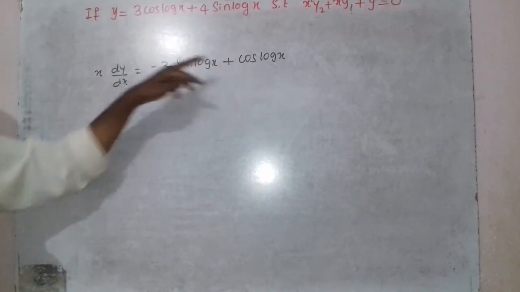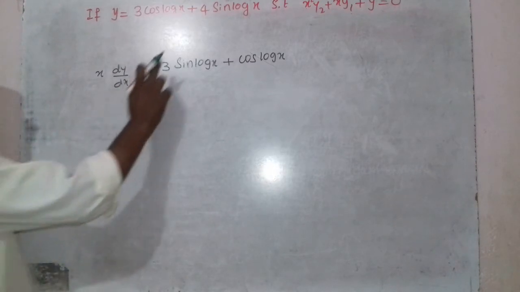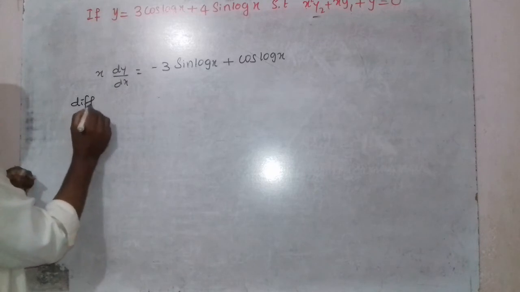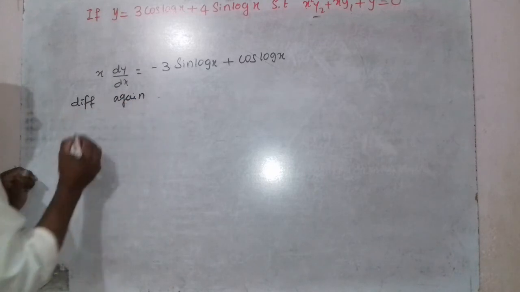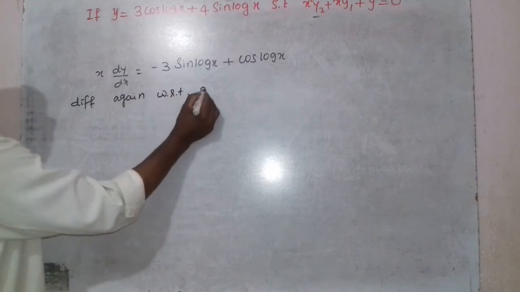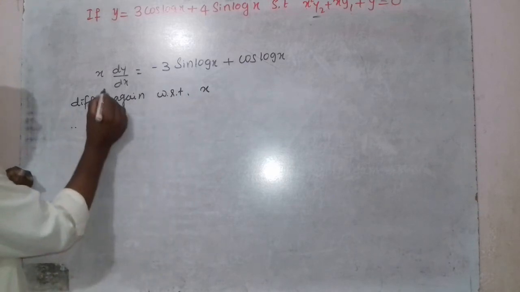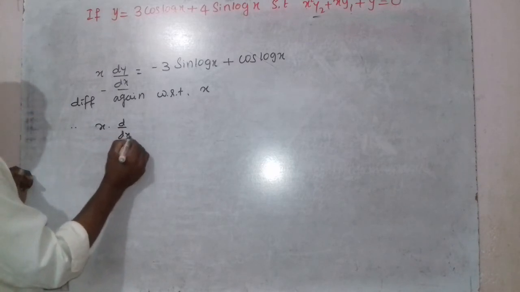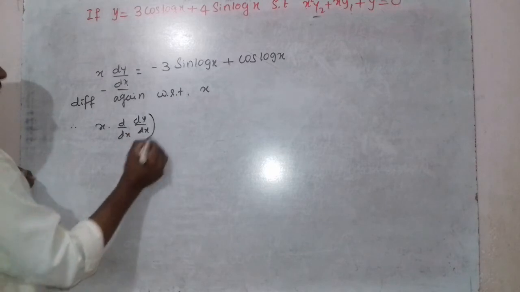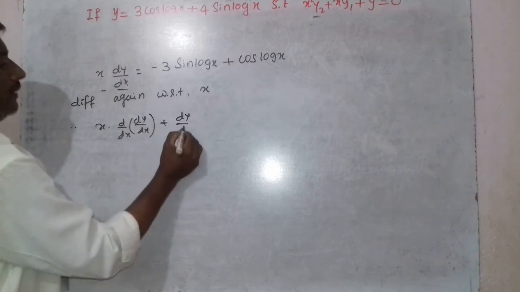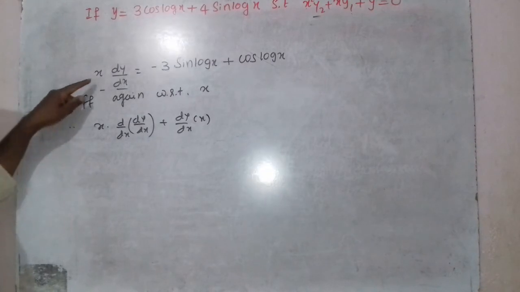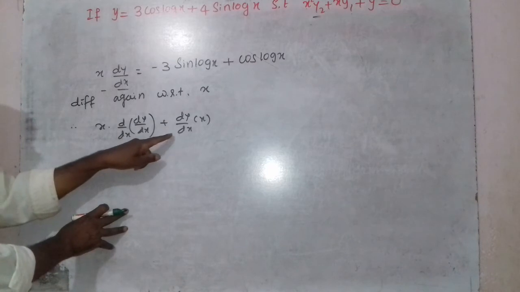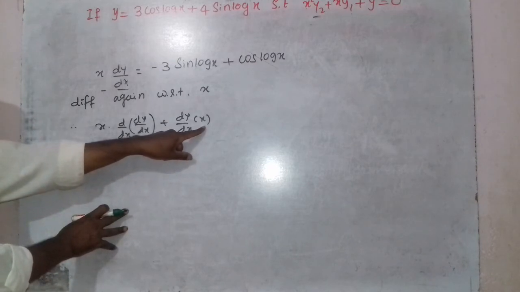So here given relation is this one. Since the requirement is y2, differentiate again with respect to x. Here product rule: x dy dx of dy by dx plus dy by dx of x, fx derivative of gx plus gx derivative of fx.